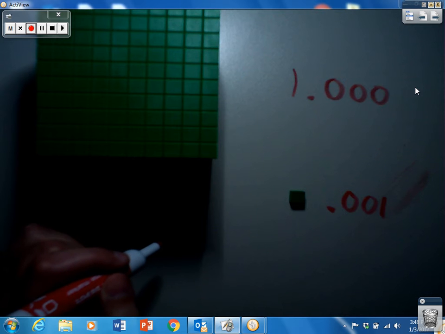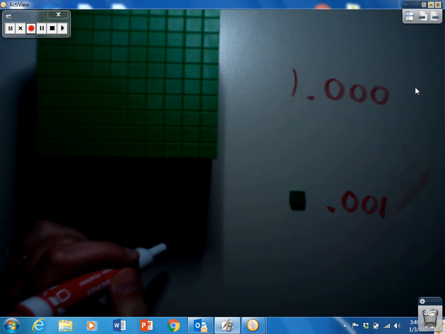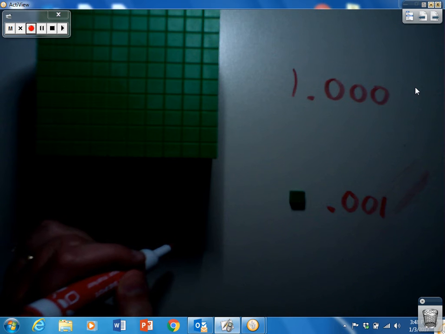So when we have decimal place value, each of our base 10 blocks can be used as a different place.